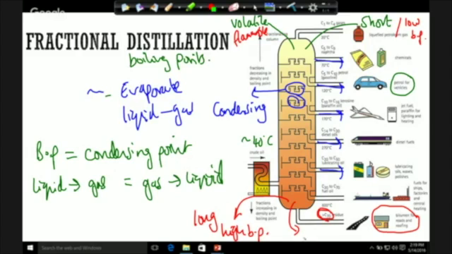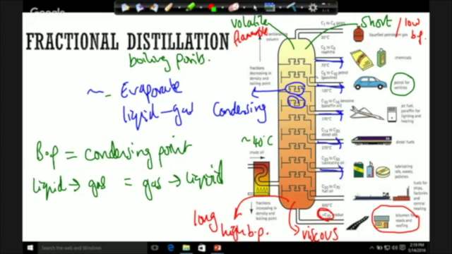We call these ones at the bottom really viscous, which means that they're really thick and they don't flow easily, whereas the ones at the top flow really easily. And opposite to those, they're not very volatile and they are not very flammable.